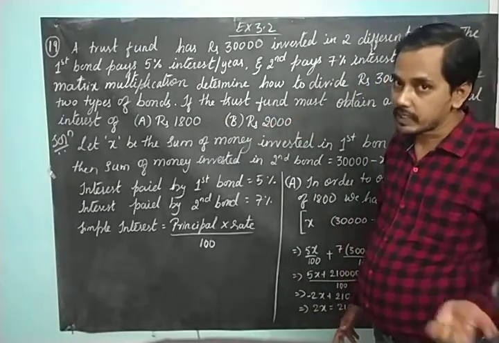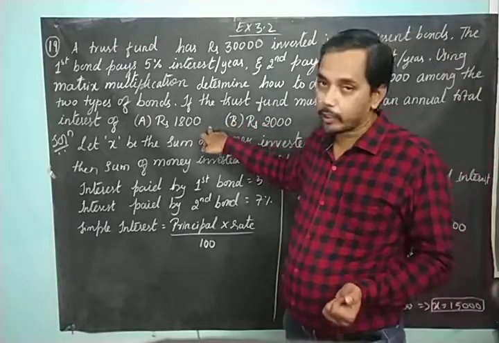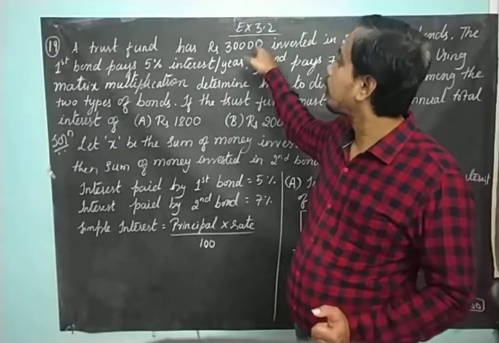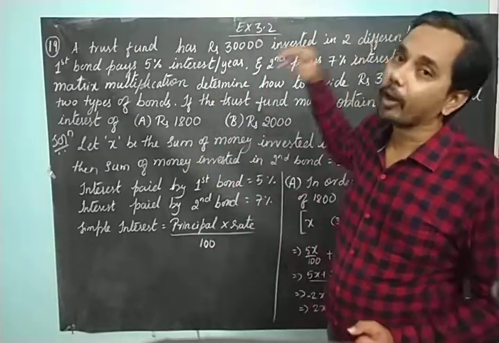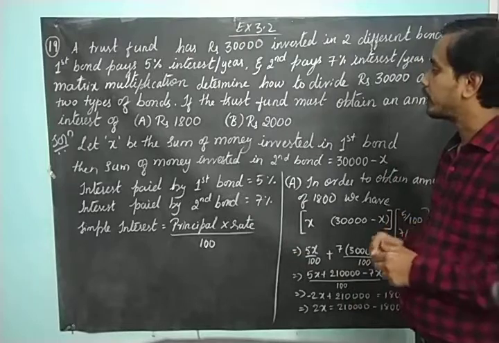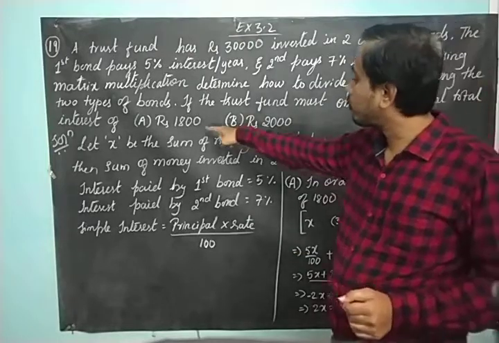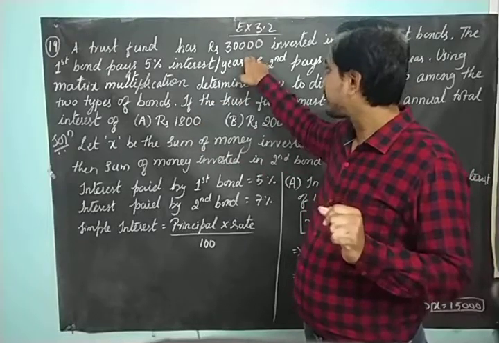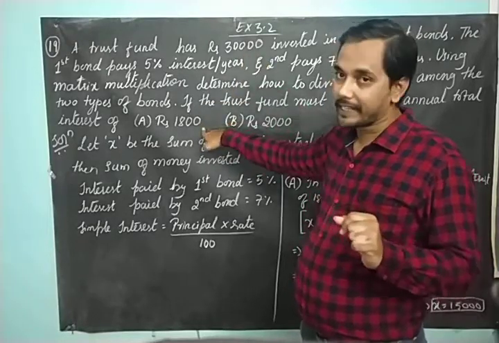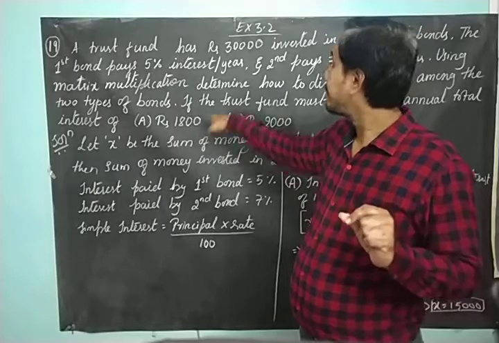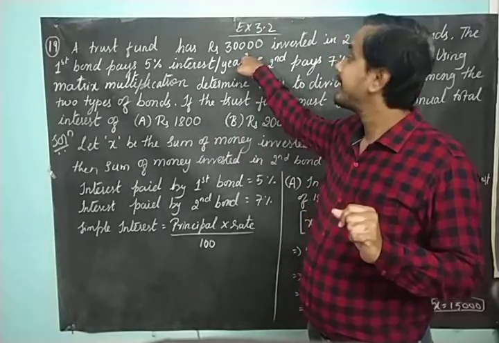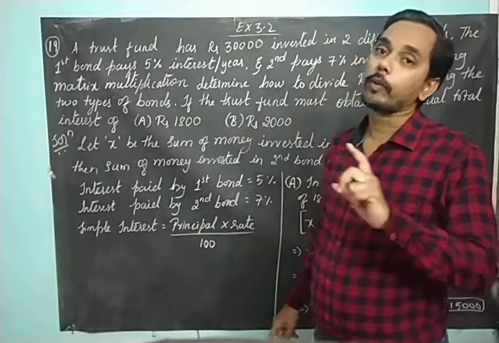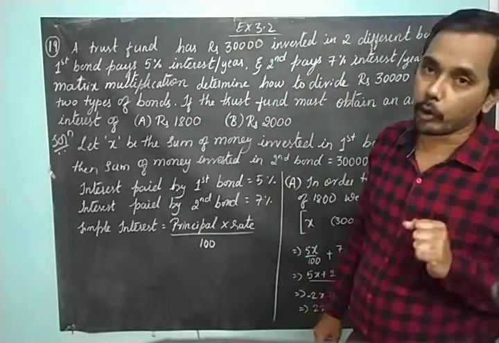Or in simple words, if you want to get 1800 rupees as interest per year from this 30,000 rupees, how much should be invested in the first bond and how much in the second bond, right?